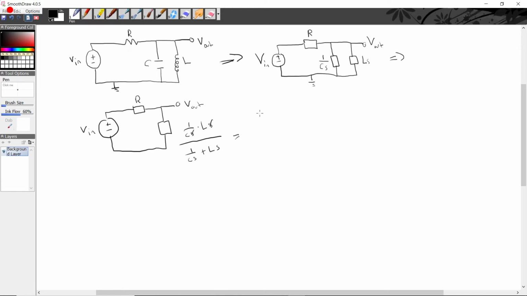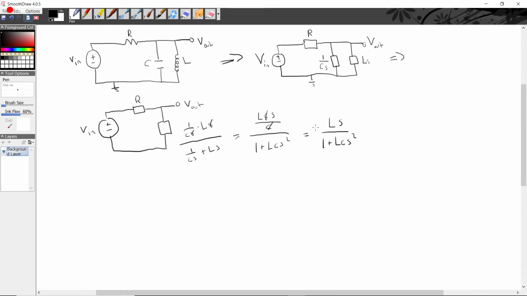So what is that? That's LCS over C all over 1 plus LCS squared. So let's keep simplifying. So that looks like it's going to be Ls over 1 plus LCS squared.